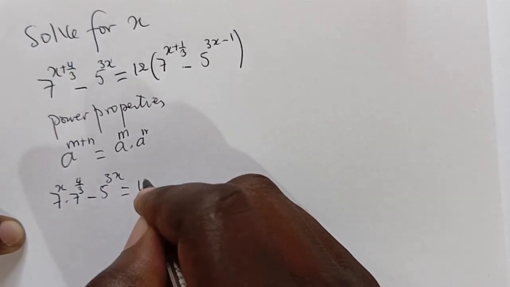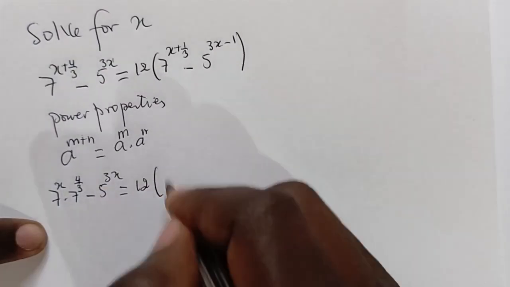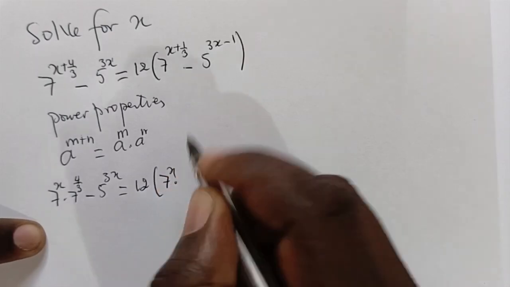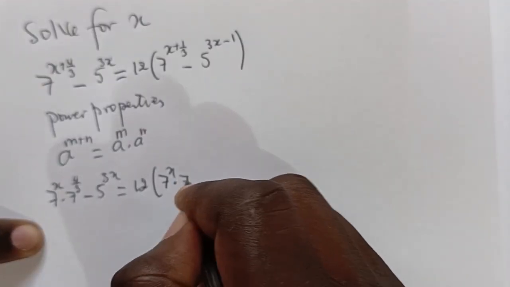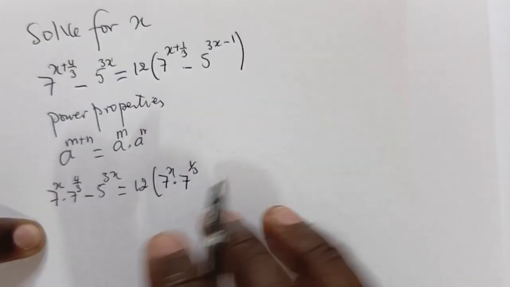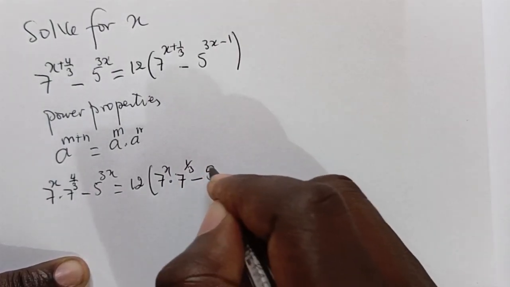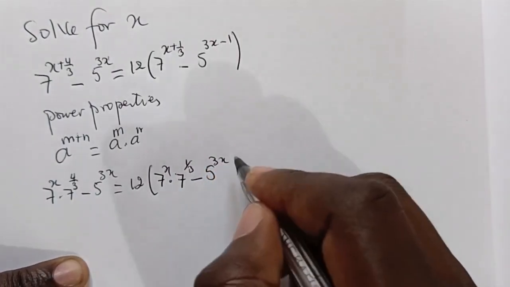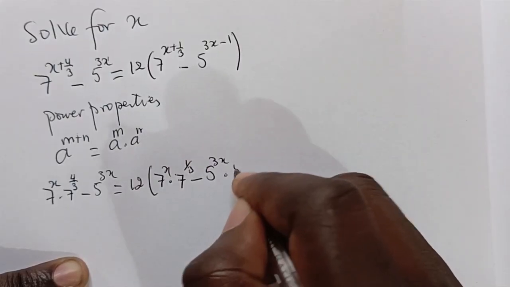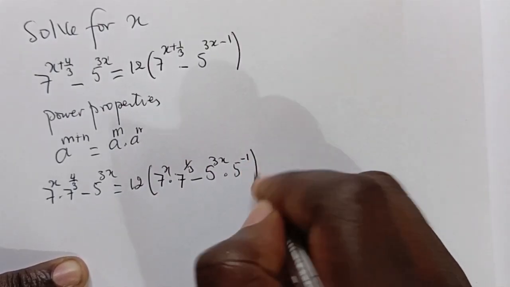This is equal to 12 into 7 raised to x times 7 raised to 1 over 3 minus 5 raised to 3x times 5 raised to the power of minus 1.